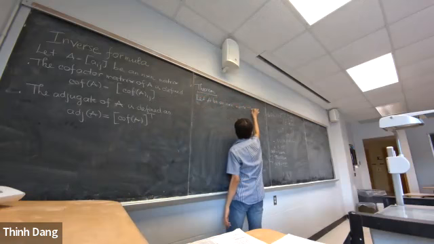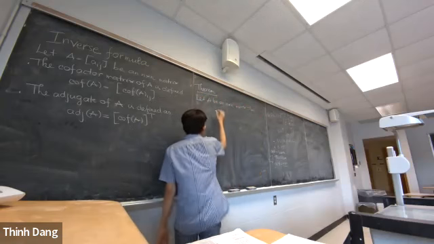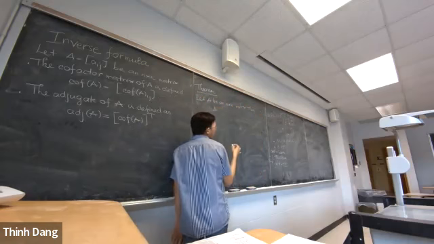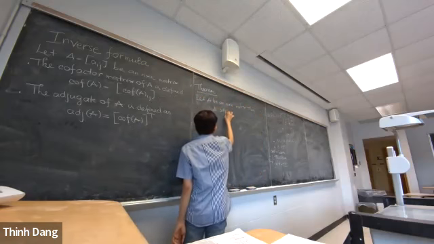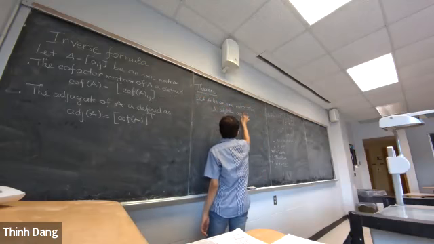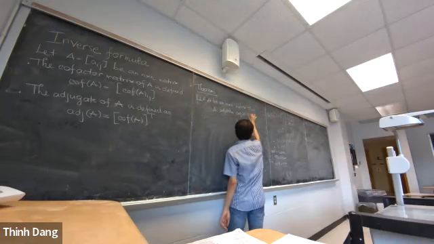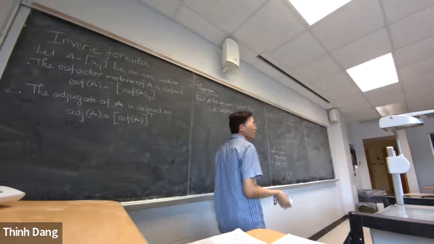Then if you take the product of A and multiply it with the adjugate of A, or conversely, you take the adjugate of A and multiply it with the matrix A, the result is the same.